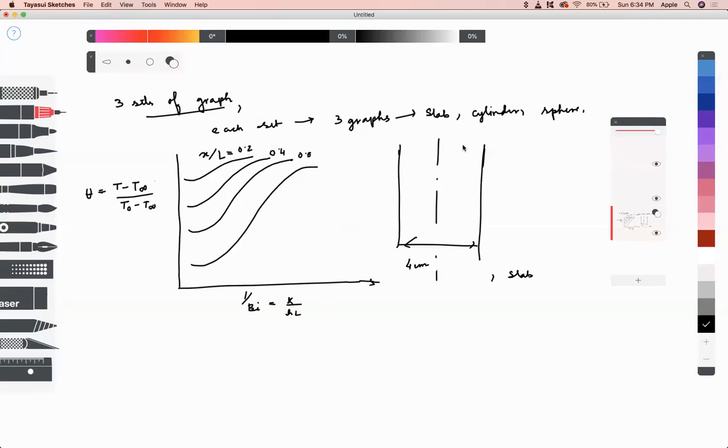And if somebody tells you what will be the temperature at a location x equals to 2.1 centimeter, then this is, remember, this is your twice L. So then this will not be 2.1.